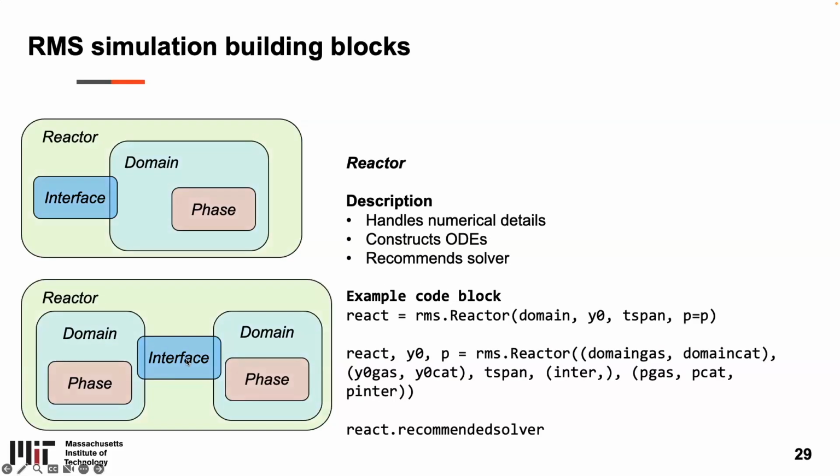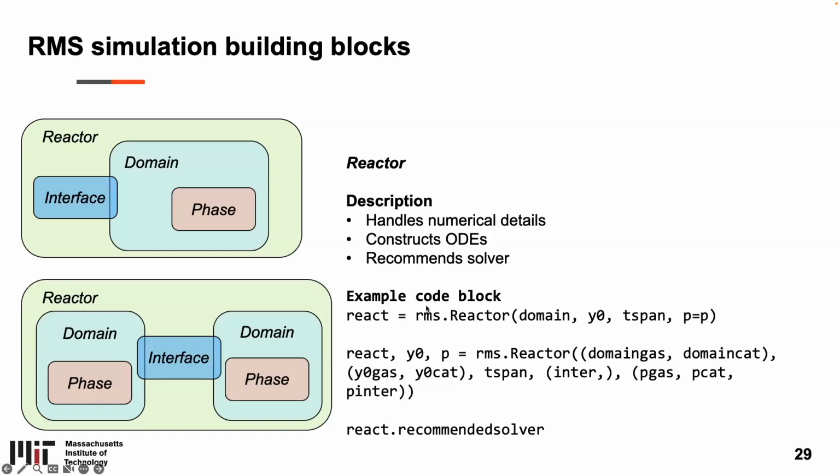And the final thing that plays into the RMS simulation block is that we have an object called reactor. It basically handles all the numerical details. It does a lot of optimization under the hood to try to make it solve faster for your system. I won't go into too much detail here.